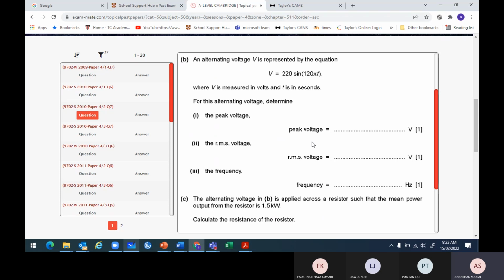Half of the period is up, another half is at the bottom, so the total area is how much? 0, right? So the mean voltage is 0. The area on top and bottom is the same, so the mean value becomes 0. If the area up and down is not the same, then the mean value will have some value.